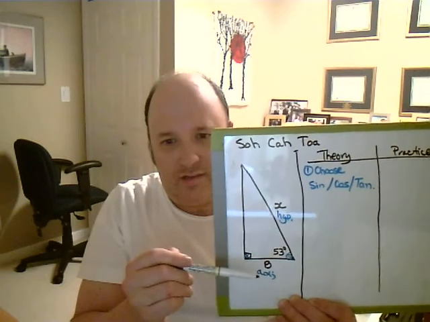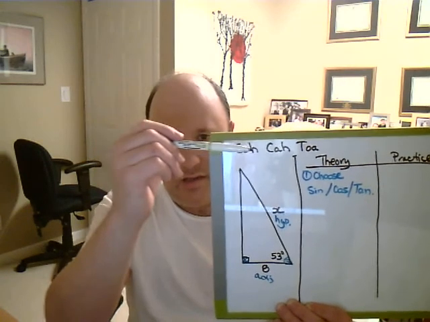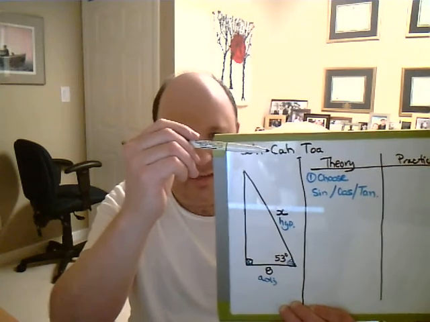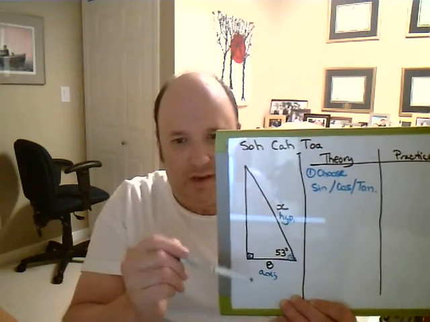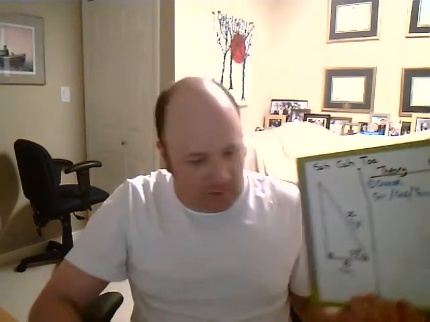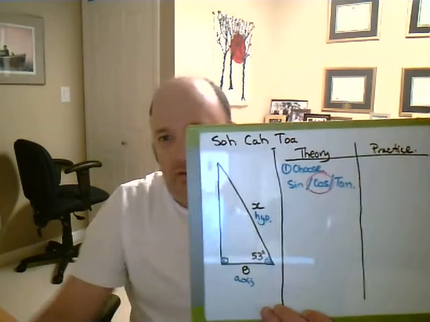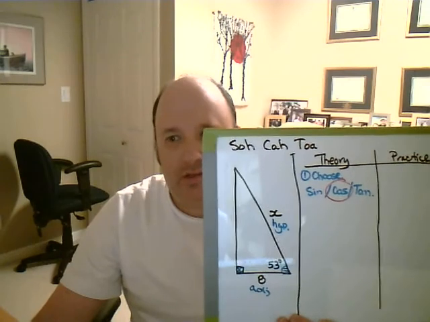So that's not us, we have adjacent and hypotenuse. So it's not sine. Cosine is adjacent and hypotenuse. Is that what we have? We have adjacent and hypotenuse, yep, so we're going to be using cosine. Okay, so let's see where this takes us.